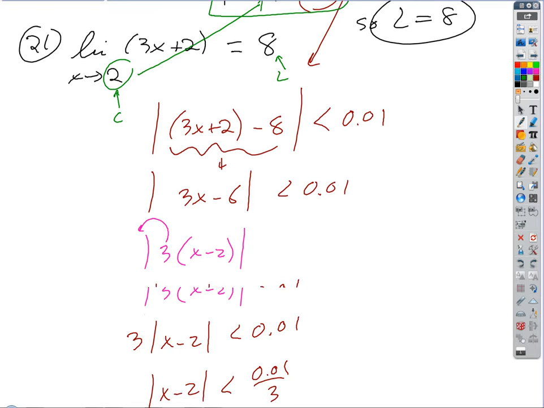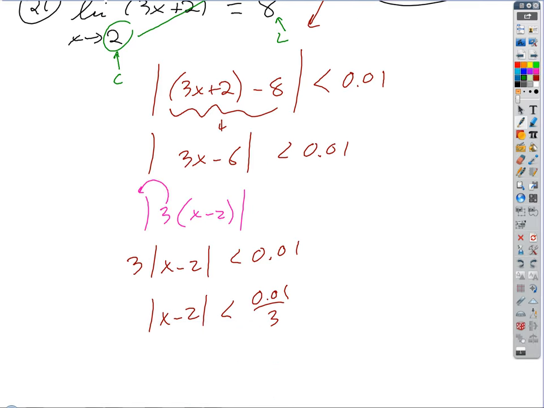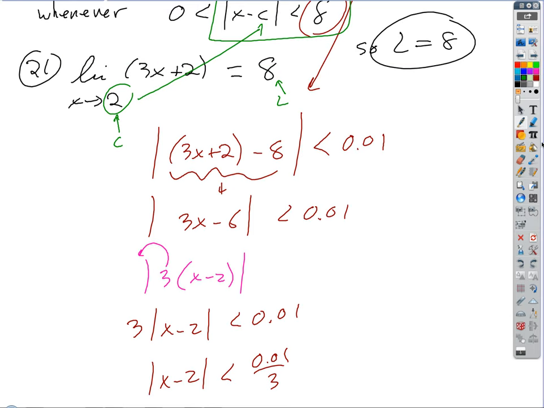I could factor out a 3 and pull that 3 outside of my absolute value, and then just divide both sides by 3, and I got what I wanted. See, I got the absolute value of x minus c, c is 2, is less than or equal to whatever shows up there, which is going to be delta.